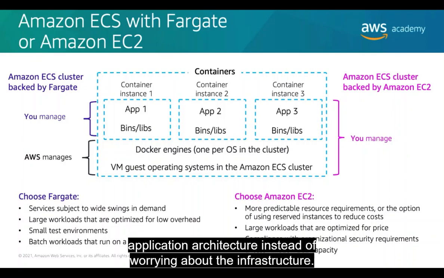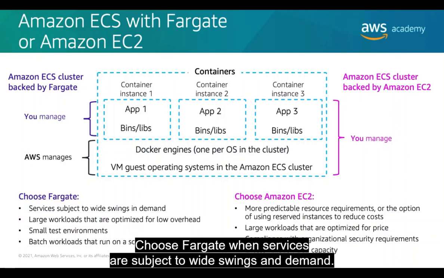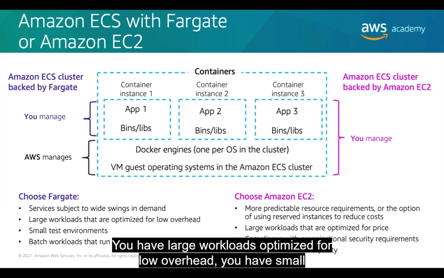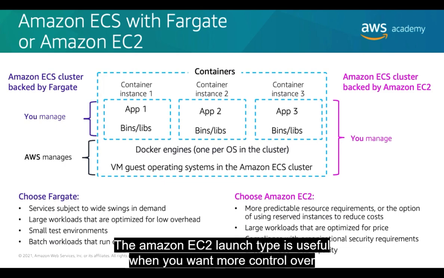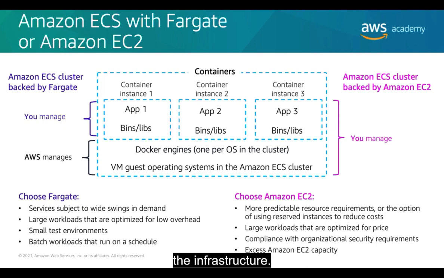Choose Fargate when services are subject to wide swings in demand. You have large workloads optimized for low overhead, you have small test environments, or you have batch workloads that run on a schedule.